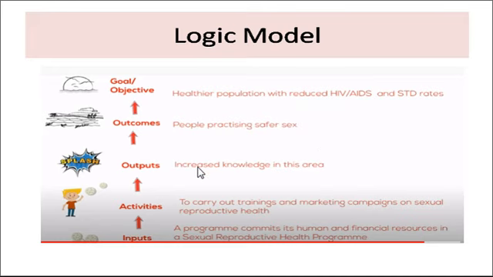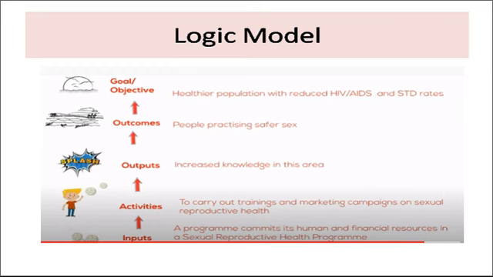Now just making people aware is something, but people practicing, that means what people do with your output, this is the outcome. And then your overall goal which is achieved, which is a healthier population with reduced HIV AIDS and STD rates. So this is a healthier population which has reduced HIV infection rates.